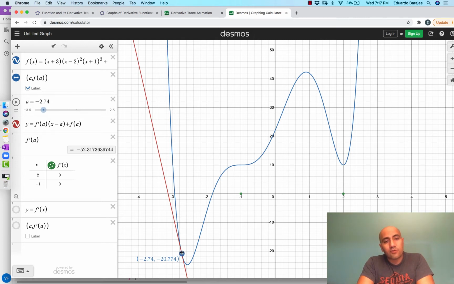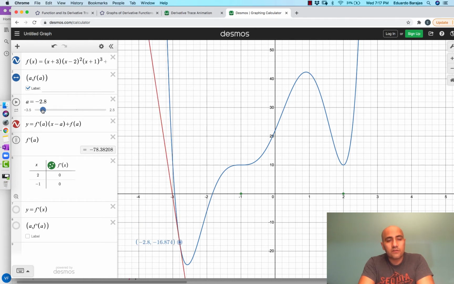So if we keep track of that, we see that way up here, the slopes are very big negative numbers. They start off as very big numbers, and as I move closer and closer to the right, that negative slope keeps getting smaller and smaller until it slowly reaches 0, and then it becomes a small positive.